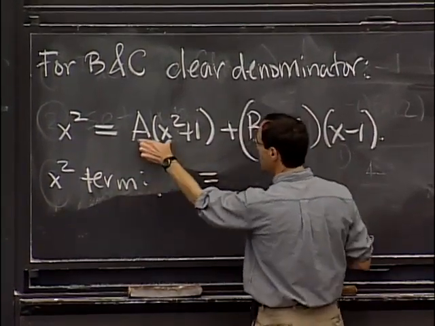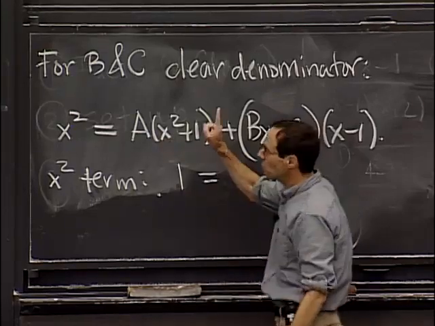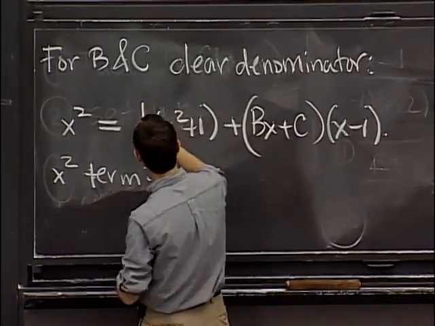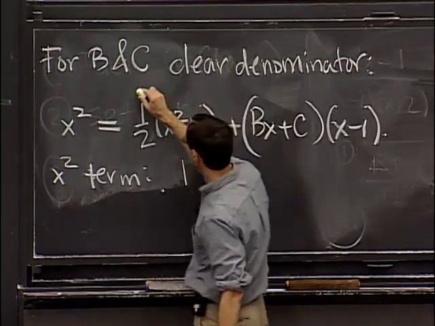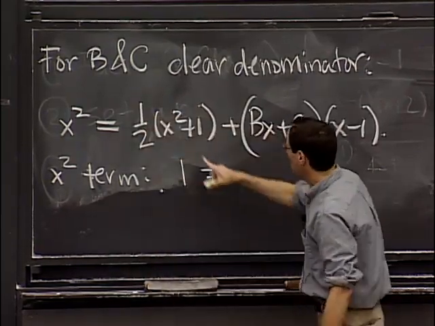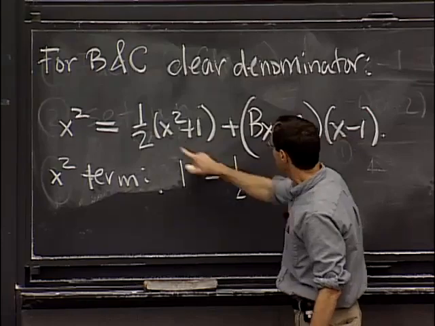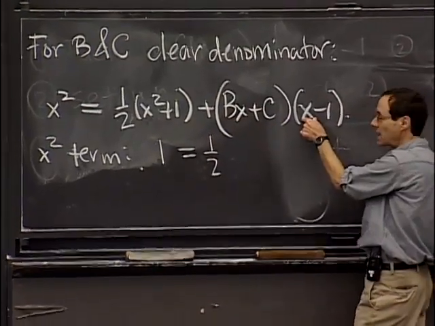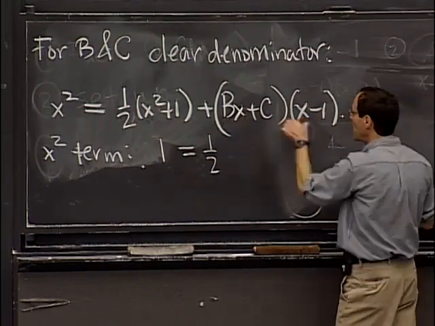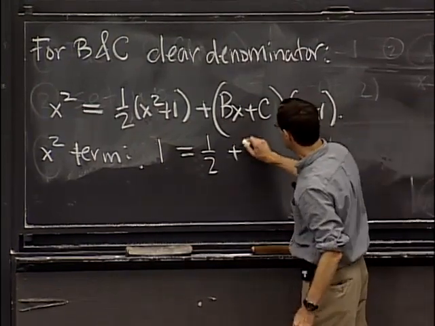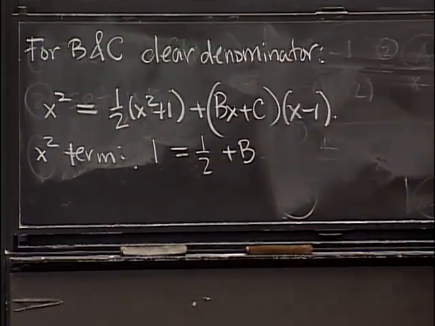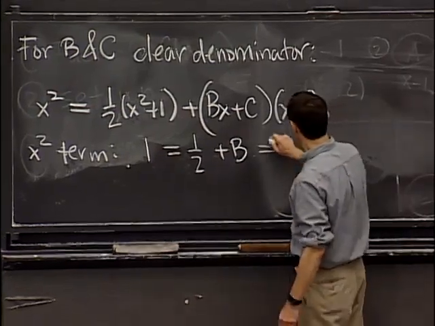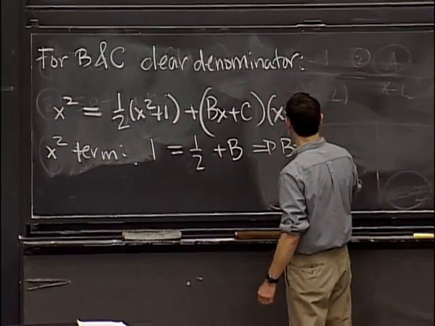On the other side, it's A, but remember, I actually know A. So I'm going to put it in, it's a half. All right, so this is the A term. And so I get a half times x squared. And then the only other x squared is when this Bx multiplies this x. So Bx times x is Bx squared. So the other coefficient on x squared is B. And that forces B to be a half.